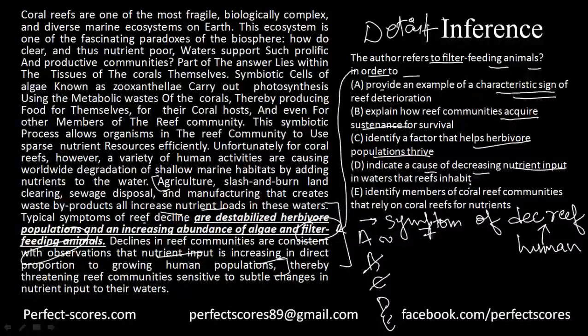Only for increasing it is mentioned, not for decreasing. D also goes. E says, identify members of coral reef communities that rely on coral reefs for nutrients. That is totally not the answer. It's not identifying members of the coral reef communities. So here your answer is the undisputed A option.